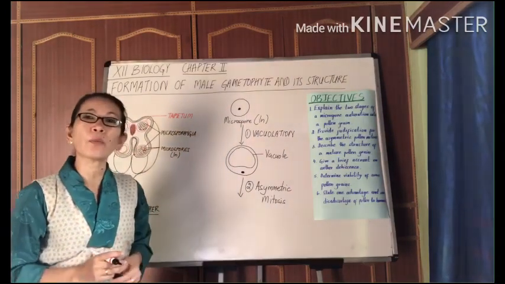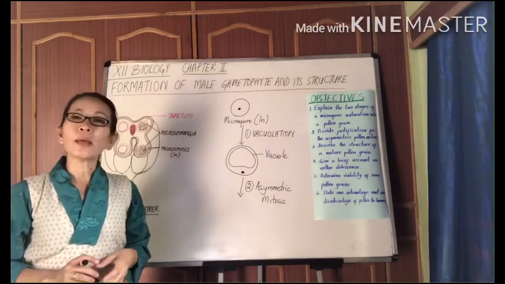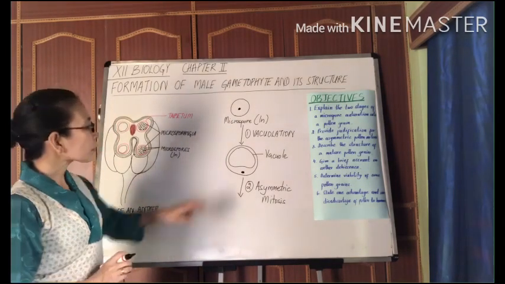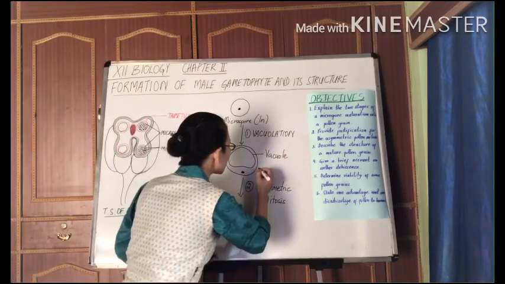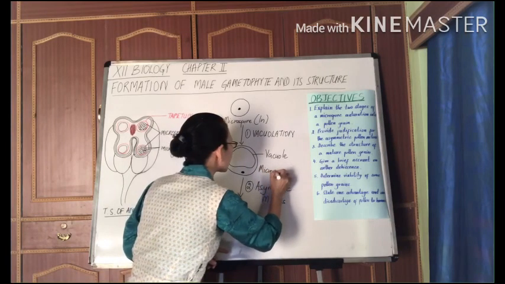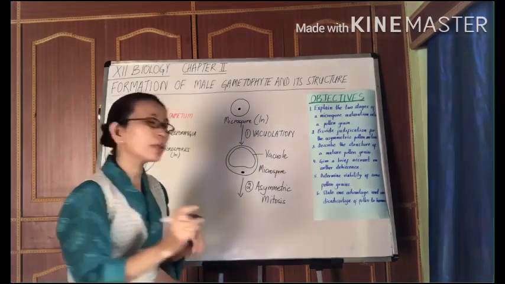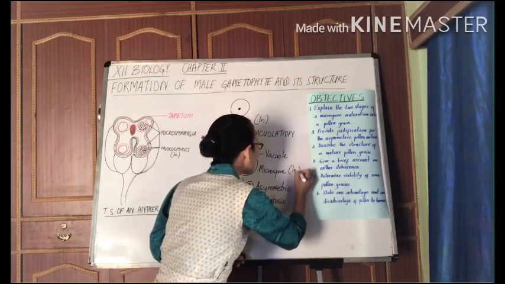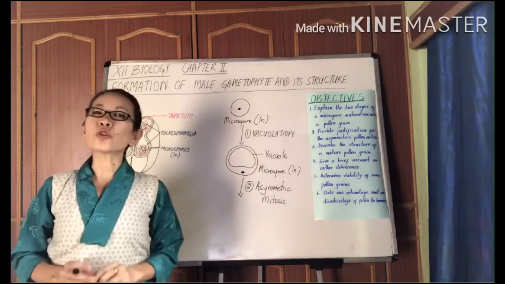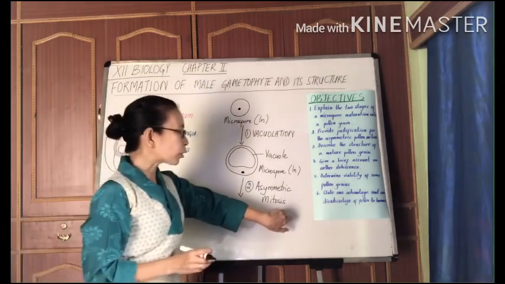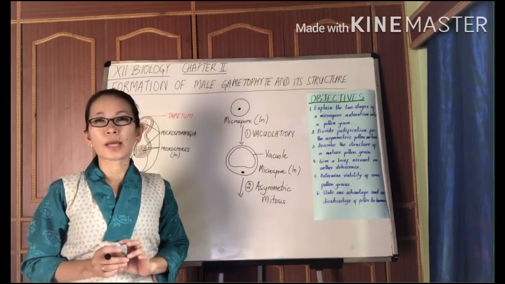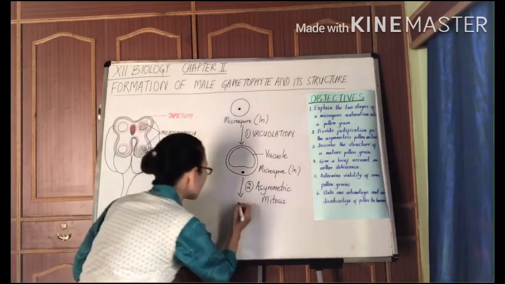Now you will understand why this mitosis has to be called an asymmetric mitotic division. The reason is that this enlarged haploid microspore cell, which is still the microspore but larger in size, forms two daughter cells as a result of mitotic division. But these two daughter cells are unequal in size.